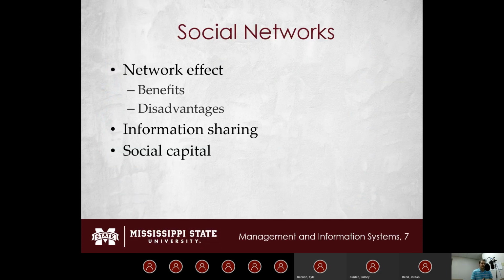Another thing that makes it difficult for a new social network to enter, in addition to the fact they have to have some sort of unique purpose, is the idea of a network effect. That is to say that as your social network gains users, it becomes more and more valuable. The flip side is that once you gain a certain number of users, the marginal benefit of a new user is very small, if not non-existent.